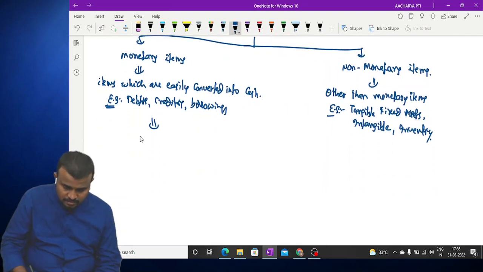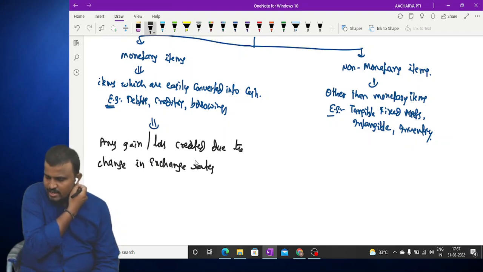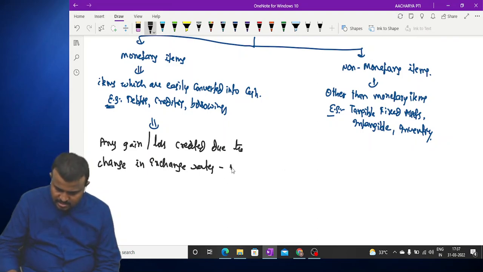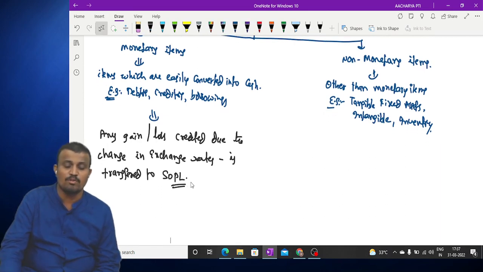In case of the monetary item, any gain or loss created due to change in exchange rates is transferred to the statement of profit and loss.